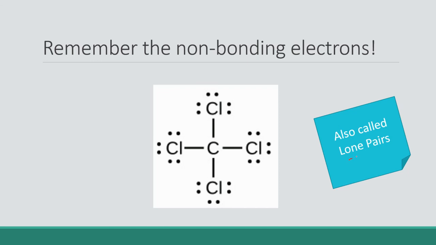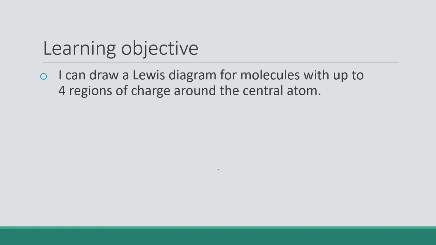These are also called lone pairs, okay? And so the non-bonding electrons are shown just around the outside of an atom. Chlorine has got 3 non-bonding pairs, or 6 non-bonding electrons. So this video has been about drawing Lewis diagrams for molecules with up to 4 regions of charge around the central atom.